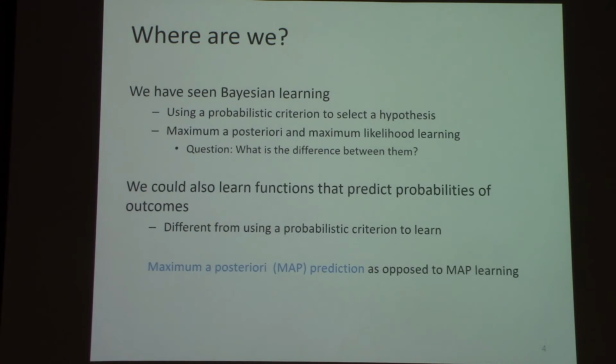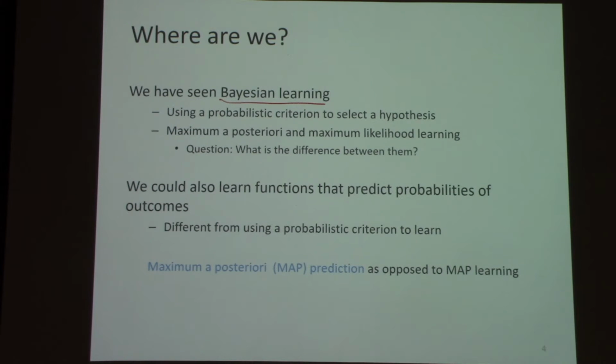There's a uniform prior over the hypothesis space. That's Bayesian learning. You could also be Bayesian in your prediction. What that means is, your hypothesis space itself could be functions that predict probabilities. The hypothesis space earlier was functions that predicted pluses or minuses, true or false.